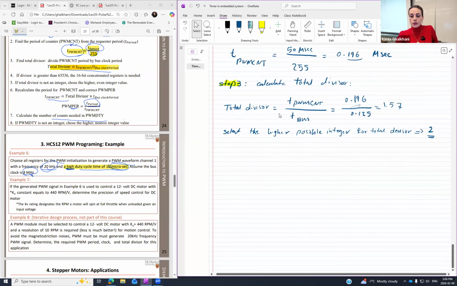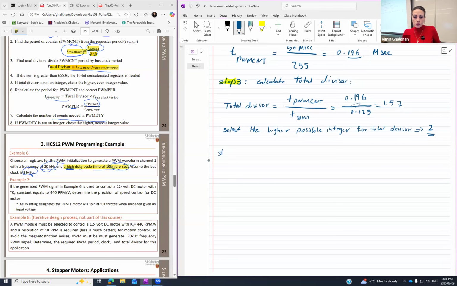Now step 4. I'm going to highlight this one. In step 4, I'm going to recalculate the PWM counter period, T PWM CNT. I have to recalculate because now I have the divisor.